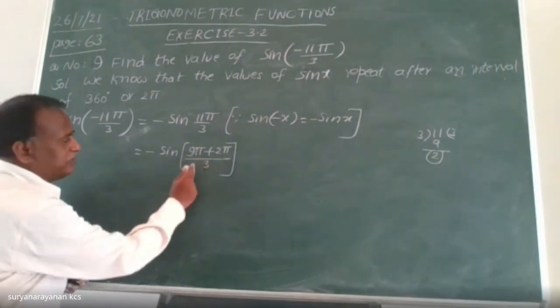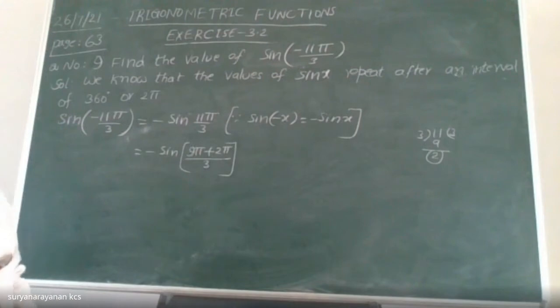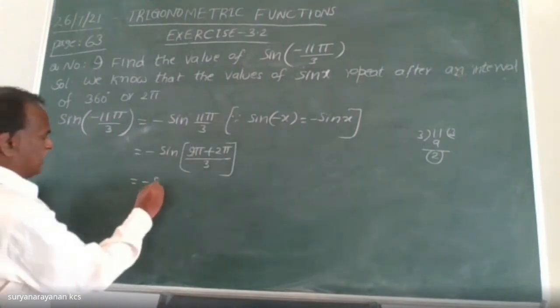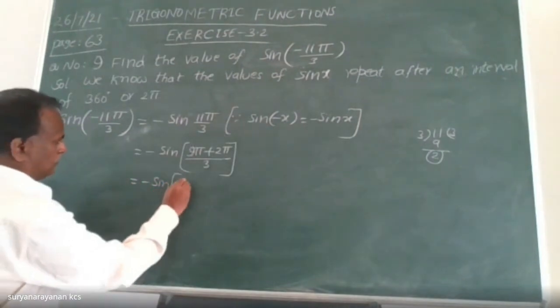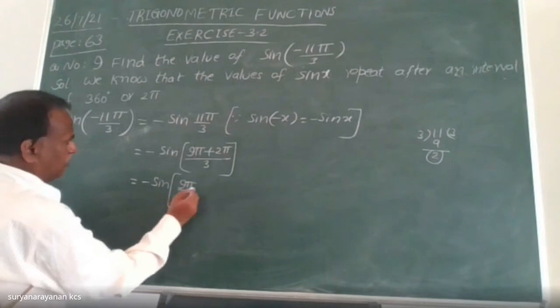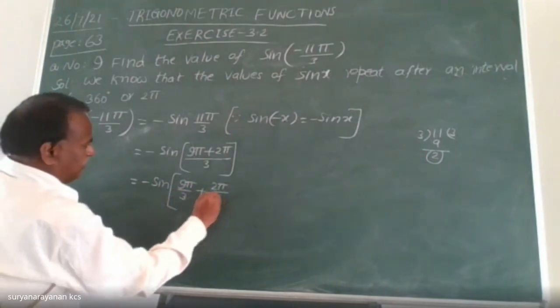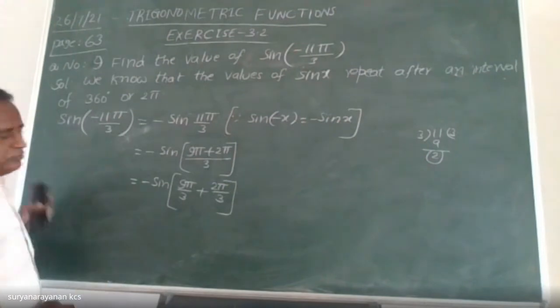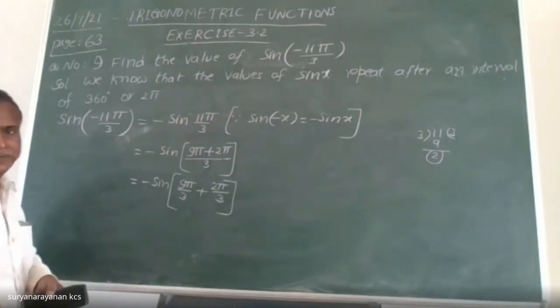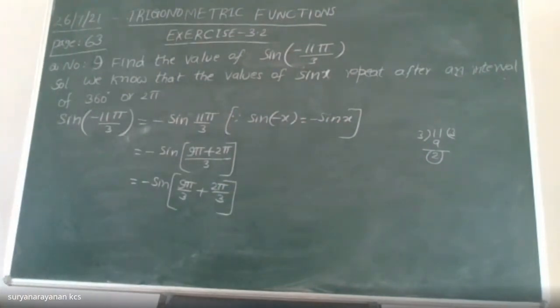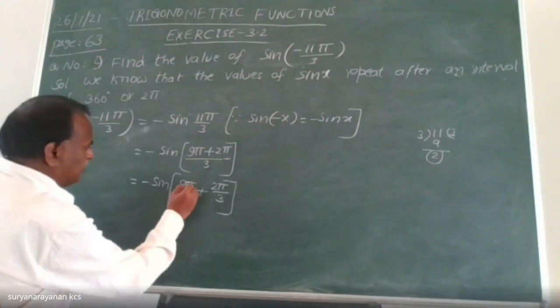Now we split this fraction into two fractions. Minus sine of 9 pi by 3 plus 2 pi by 3. Understood this one? Now 9 by 3 is 3 times.